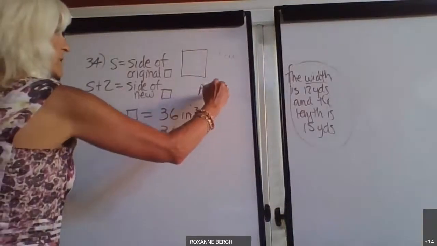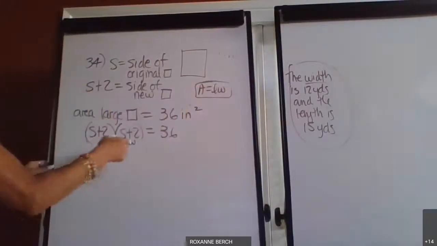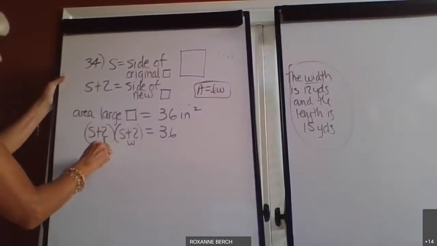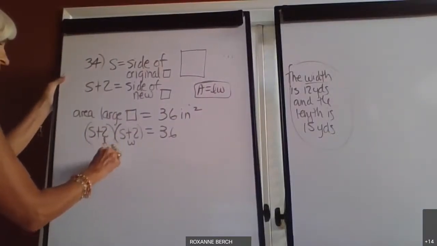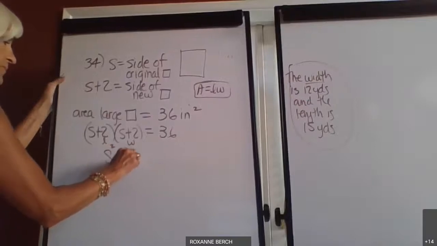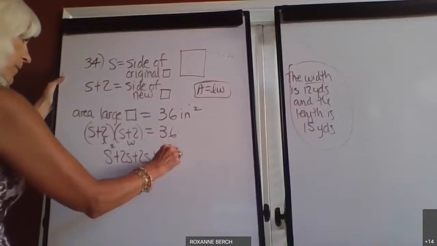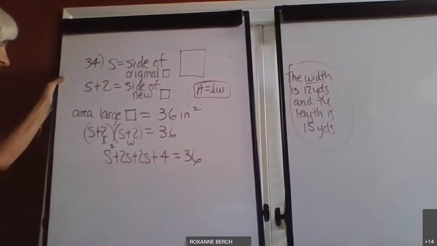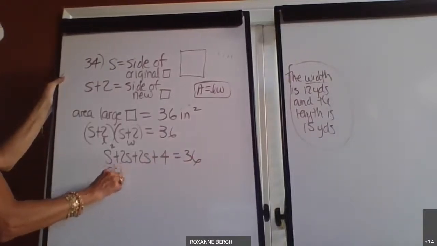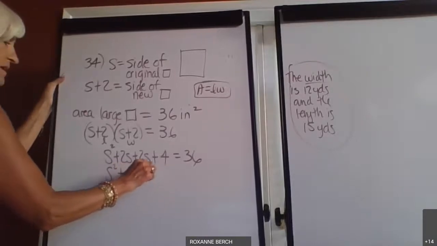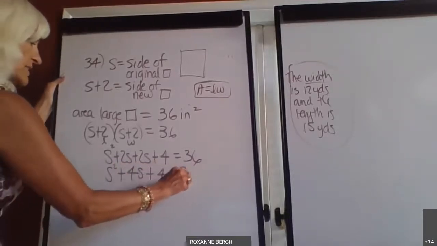Length times width. So we're going to FOIL. We have S squared plus 2S plus outer plus last would be 36. So we have S squared plus 4S plus 4 equals 36.